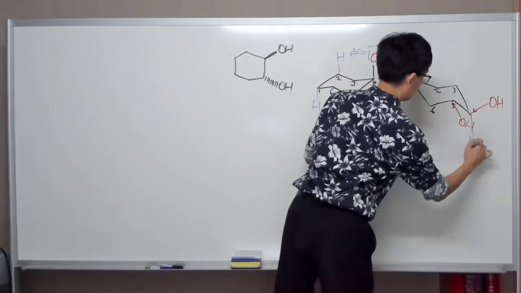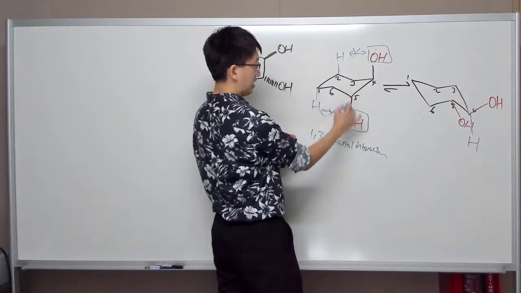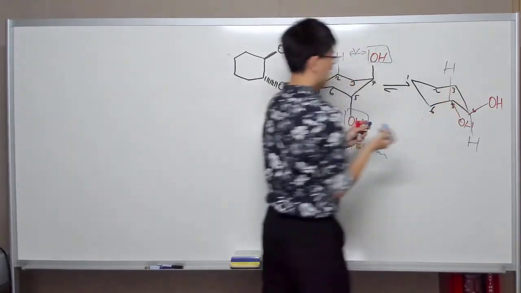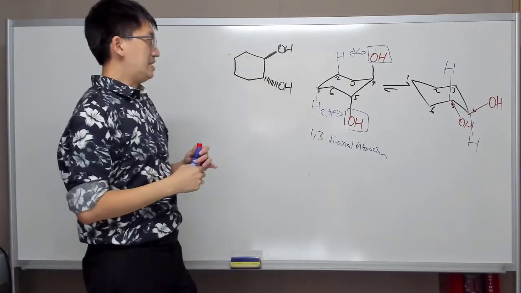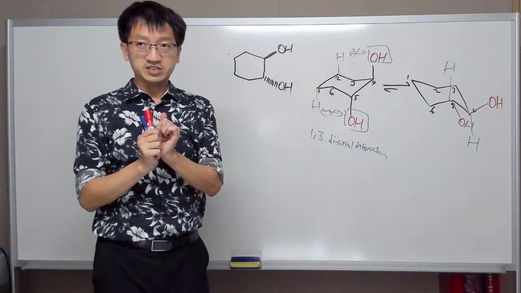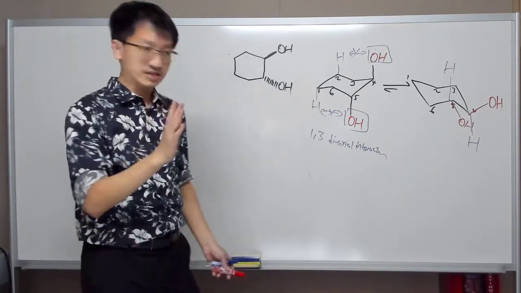So the H is pointing down. And for carbon number 5, the OH is pointing downwards. This is still pointing downwards, and the H is pointing up. So remember that when you do a ring flip, the configuration doesn't change. This is very, very important for students to recognize.